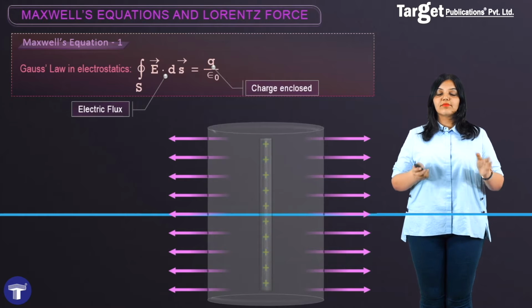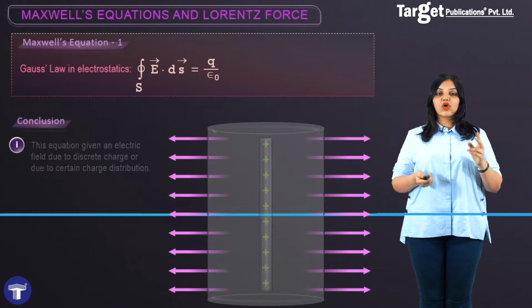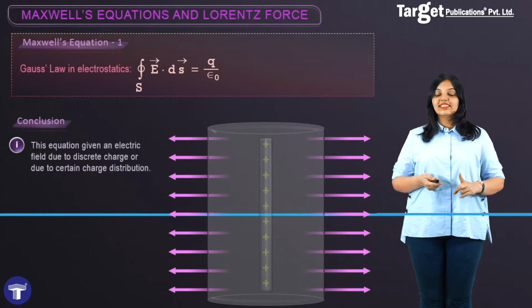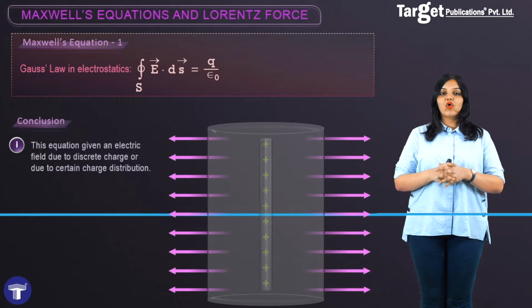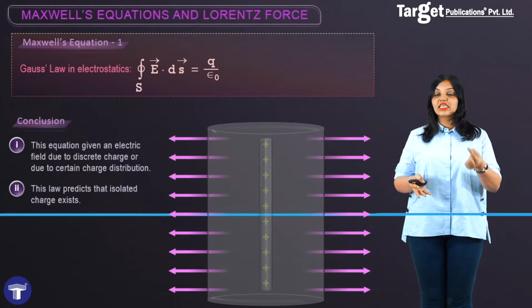And thus the first Maxwell equation is nothing but Gauss's law of electrostatics, which basically taught us two important things. One is that an electric field can be calculated due to a discrete charge or a certain charge distribution using this Gauss's law, and two, that this law proves the existence of a single isolated charge. And how does it do that?